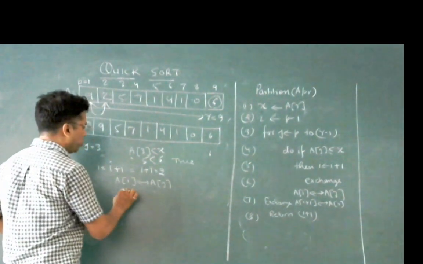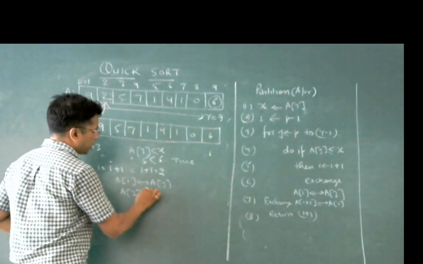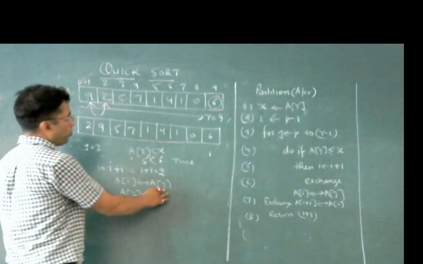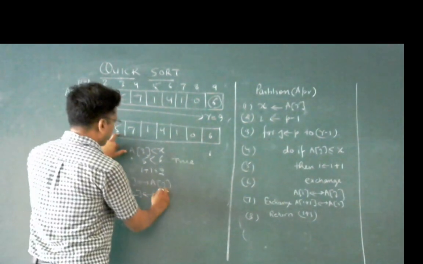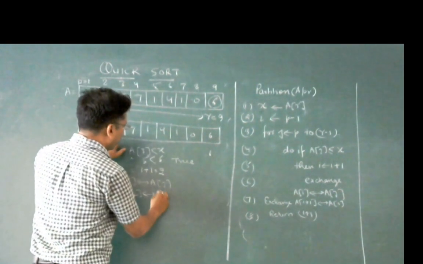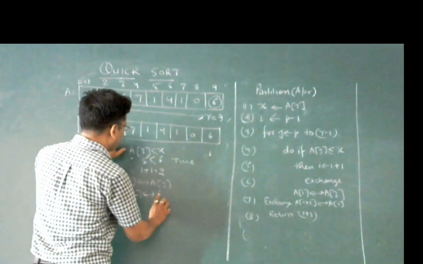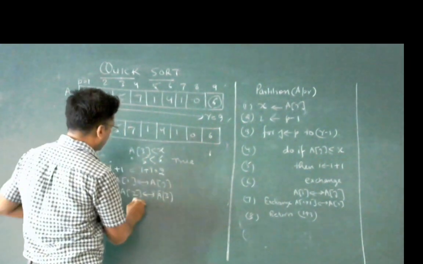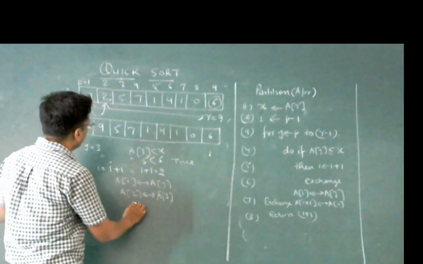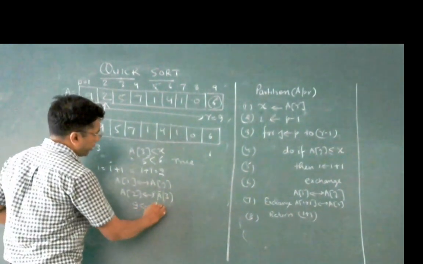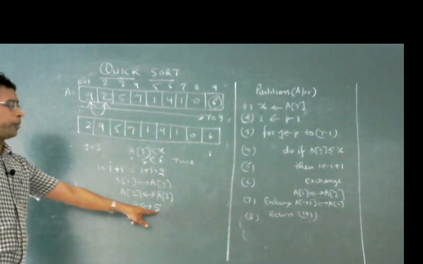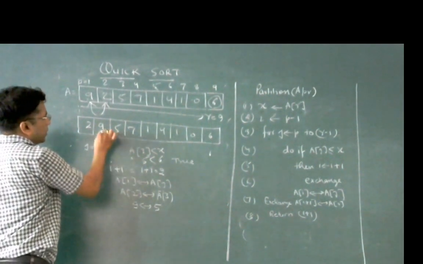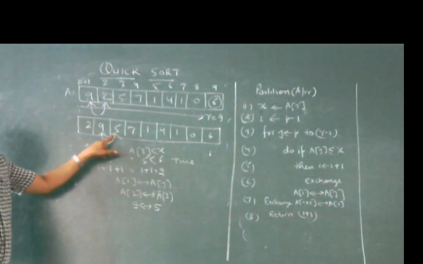That means a2 will be exchanged with a3. a2 is 9 and a3 is 5. 9 and 5 will be swapped. So swapping will take place between these two elements.